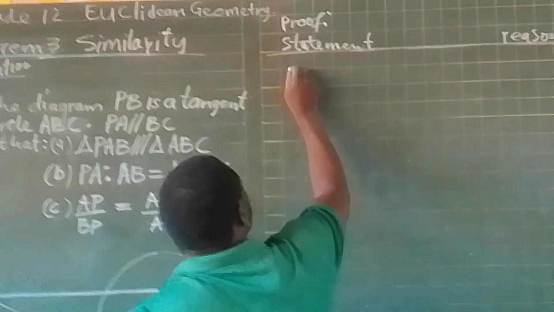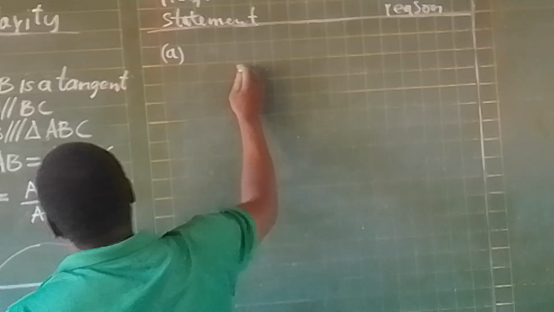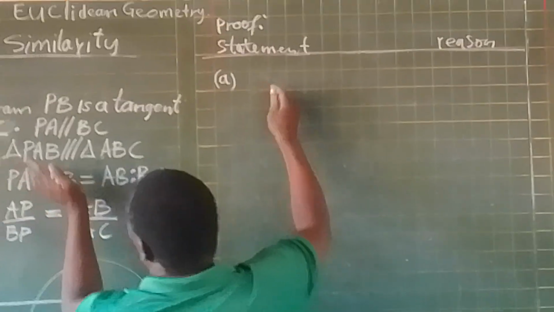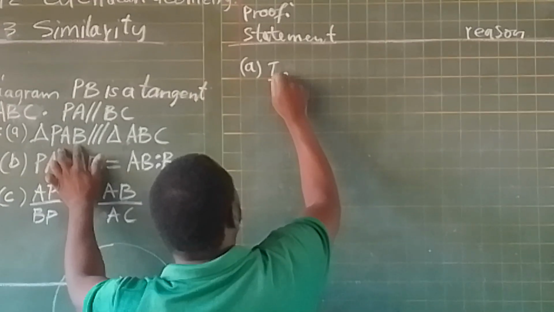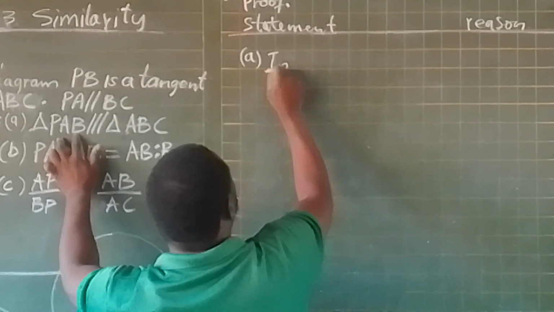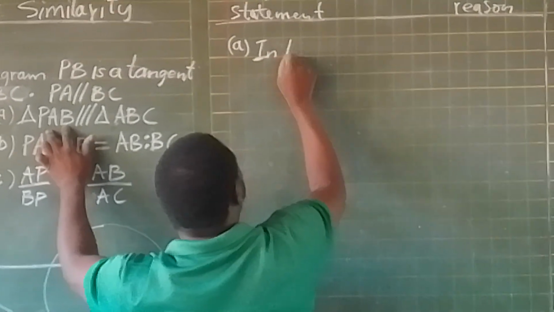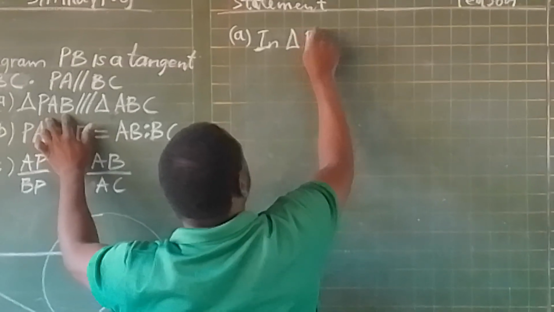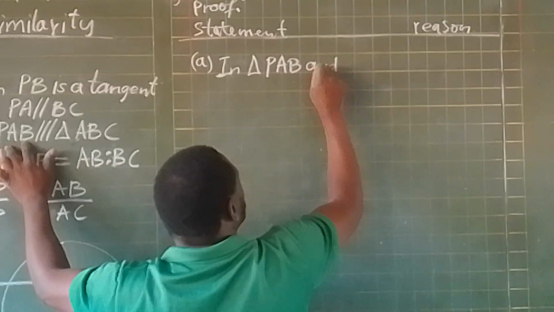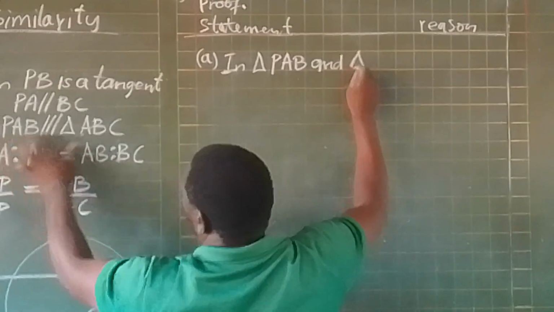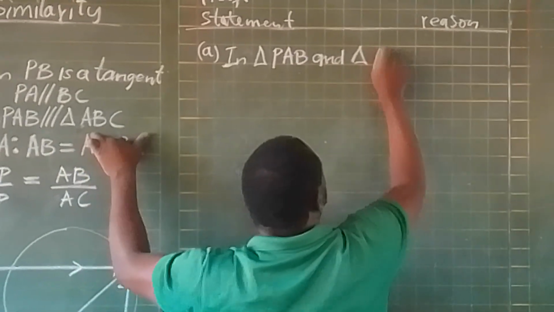Let's take A. If you are given that, take this as it is. Tell the marker that you are dealing with triangle PAB and triangle ABC.